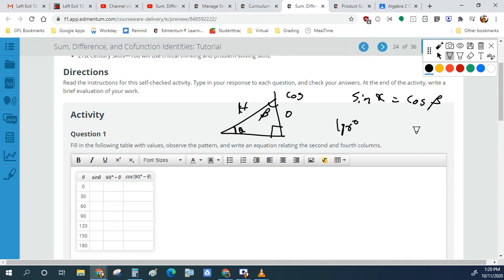So that's this idea that sine of theta, or another way of saying this, instead of imagining it as a triangle like this, we could say that the sine of theta is equal to the cosine of 90 minus theta. And the reason why this works is a triangle has 180 degrees, but we always have to use 90-degree angles when we're talking about trig, then we're talking about this other angle over here.